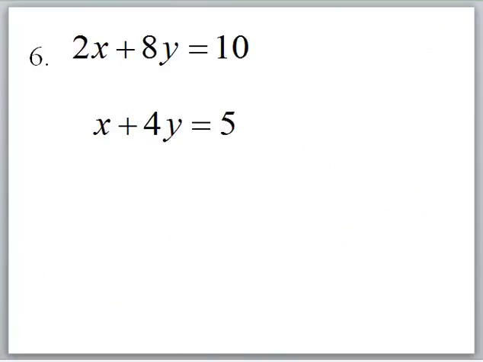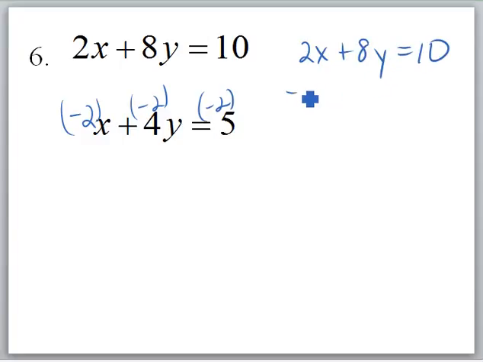In the next problem I have here, the easiest thing for me to do would be to say, okay, if only this was a negative 2, and so that's what I'm going to do, I'm going to multiply everything times negative 2. That will be the easiest thing to do. So I get 2x plus 8y equals 10. The second one reads then negative 2x plus negative 8y equals negative 10.